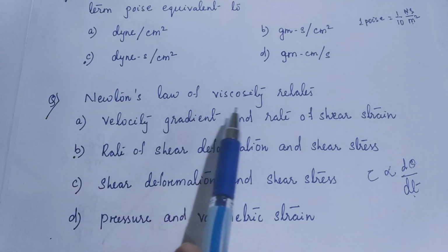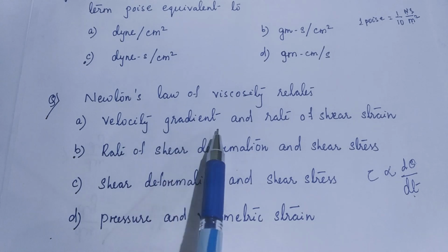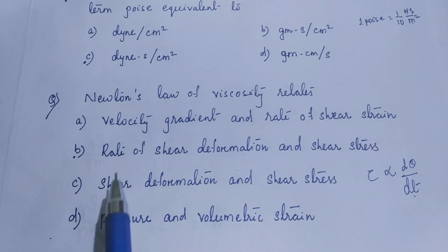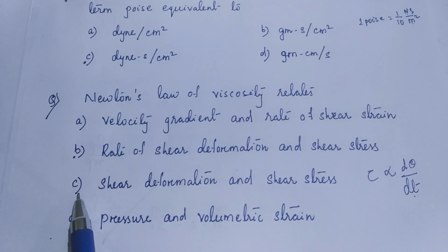Newton's law of viscosity relates: option A, velocity gradient and rate of shear strength; option B, rate of shear deformation and shear stress; option C, shear deformation and shear stress; and option D, pressure and volumetric strain.